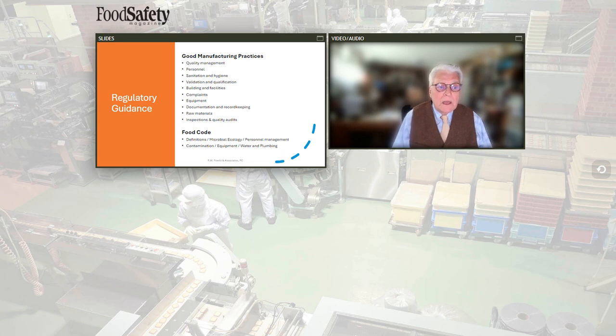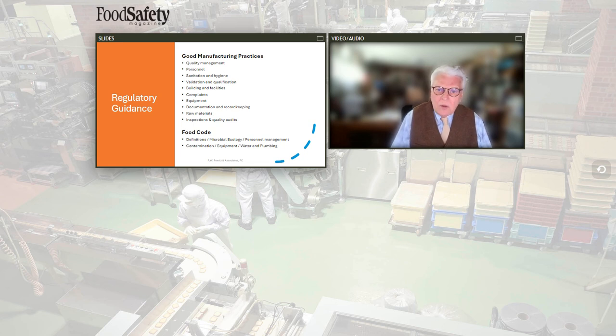And here we're looking at the quality management, the personnel, sanitation, hygiene, validation, all the things that you normally do in your QA program, particularly in production. But there's another one that I found particularly useful. And this is the FDA Food Code, the current one, 2022.